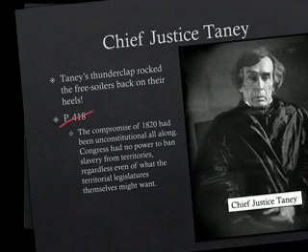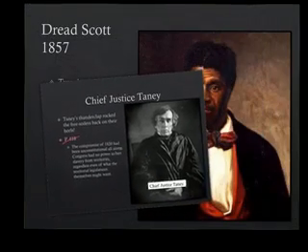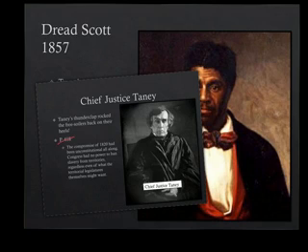But Justice Roger Taney, in the Supreme Court, delivers a crucial decision, ultimately saying that Dred Scott cannot sue for his freedom because Dred Scott is a piece of property, and property cannot sue its master.